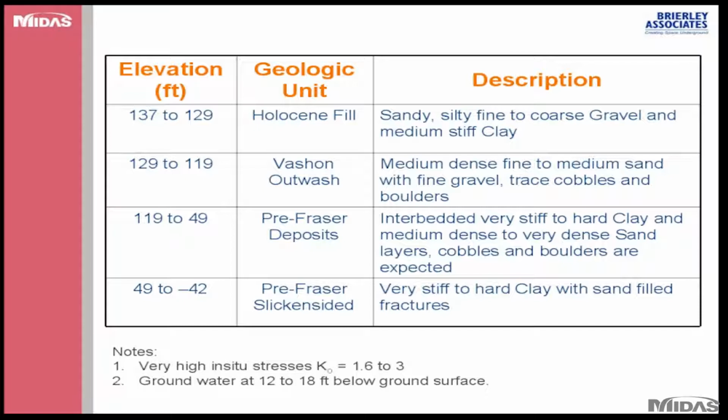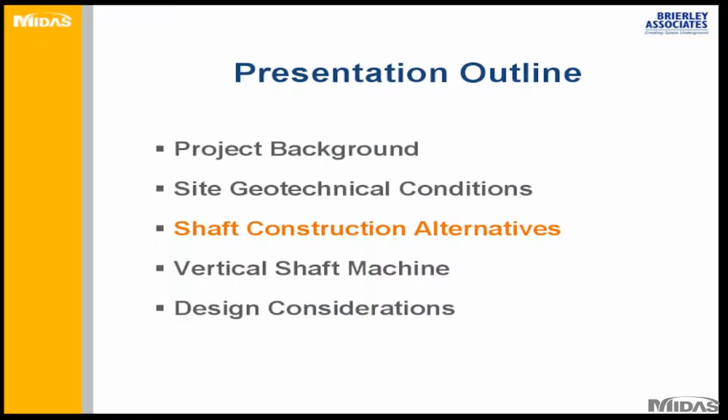Keeping in mind that what we have here is an undrained shear strength of about 10,000 PSF or more, you can imagine it will be very hard to sink this shaft using a regular technique. So we have to come up with another alternative to build this shaft.